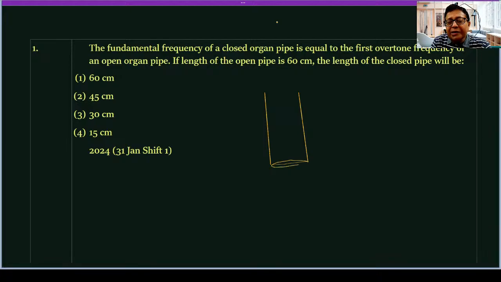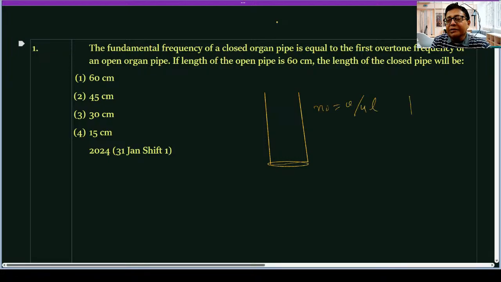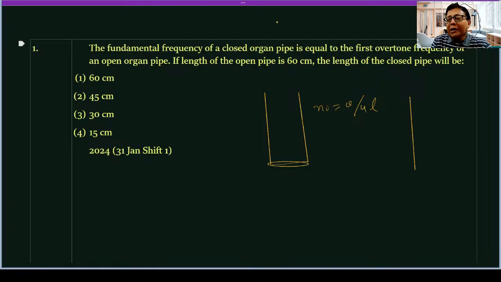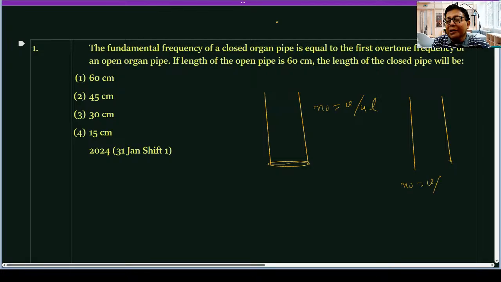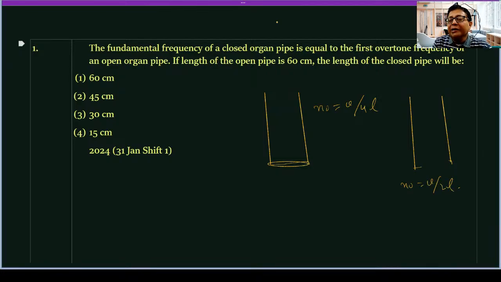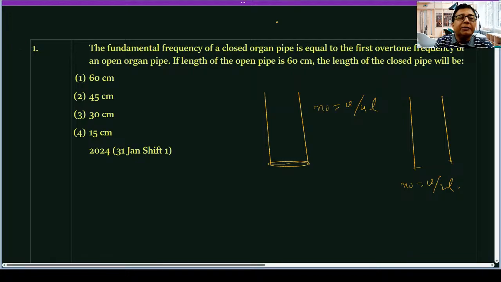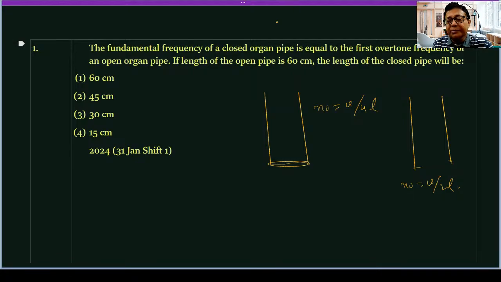Closed means one end is closed, the other end is open. The fundamental frequency N0 is equal to V by 4L. Whereas in an open pipe where both ends are open, the fundamental frequency is given by N0 equal to V by 2L. For the same length, the frequency of this is double that of the closed pipe.